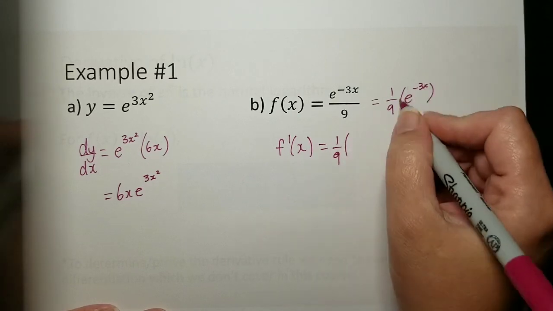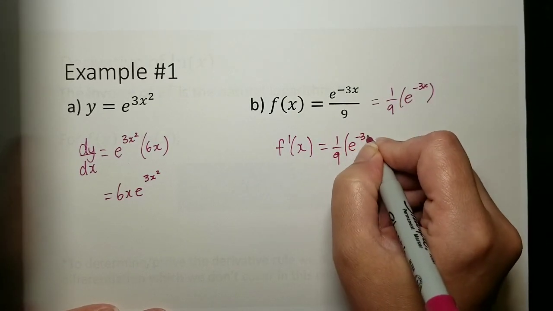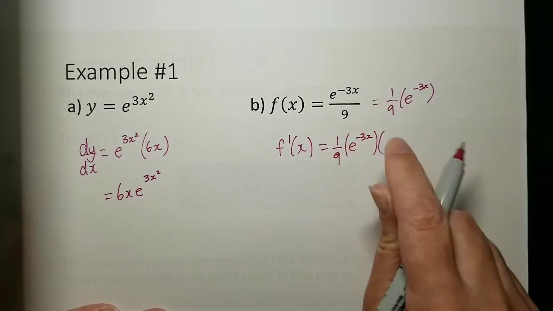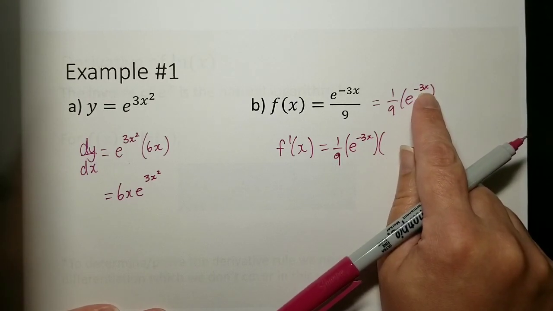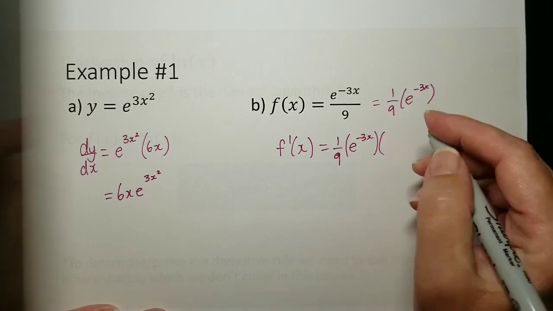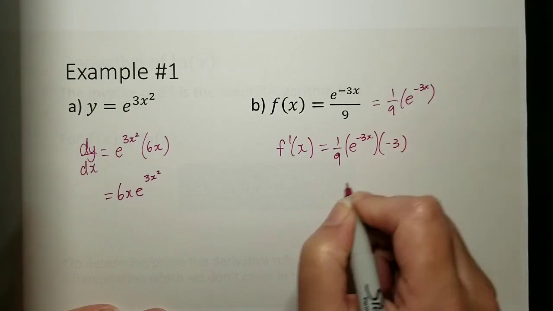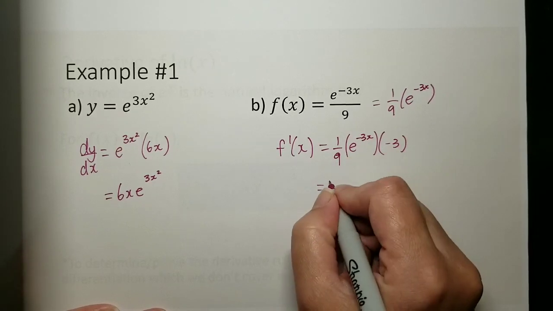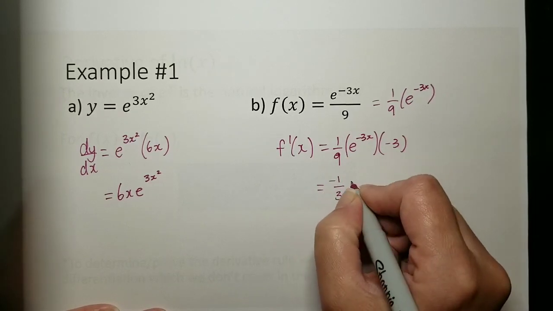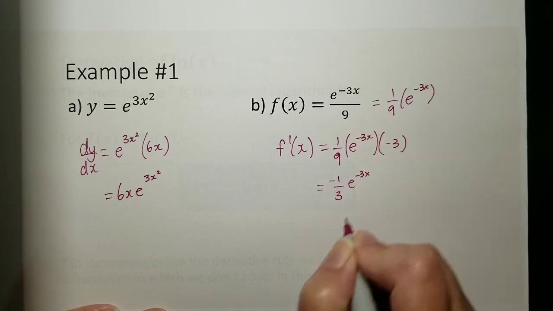I keep e to the negative 3x the same, and then multiply by the derivative of the exponent. What's the derivative of negative 3x? It's just negative 3. So then you would simplify: I've got 1/9 and a negative 3, so it's negative 1/3 e to the negative 3x.